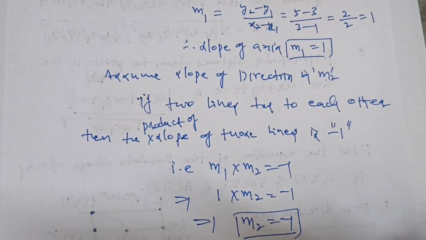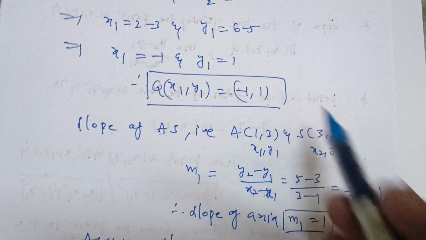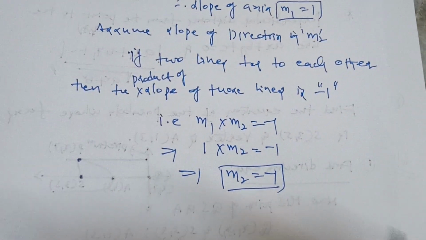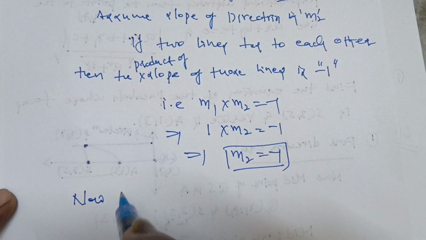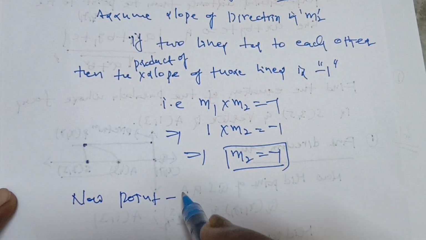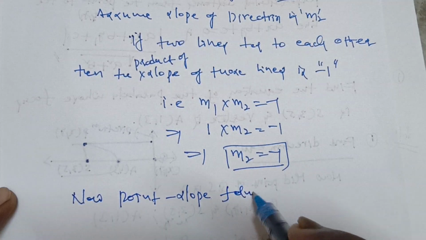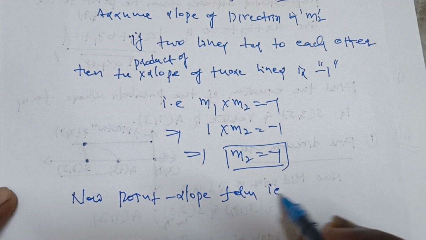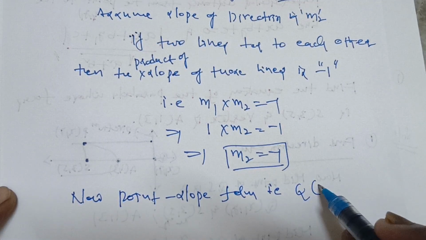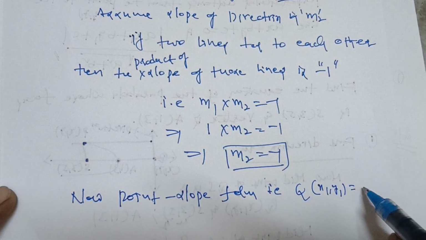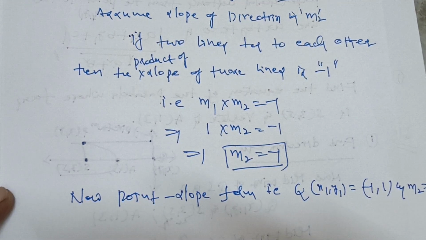Now to find the directrix, we have a point on the directrix and the slope of the directrix. Now we use the point slope form. The point Q (x1, y1) is (-1, 1) and the slope m2 equals minus 1.